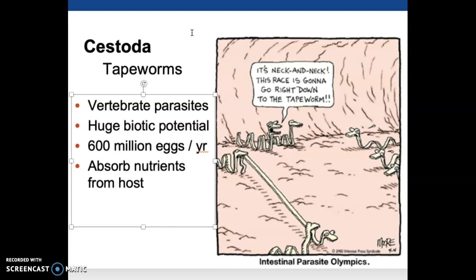The problem we'll see is they absorb nutrients from the host. So they parasitize us, they get inside the intestinal tract, and then as you consume nutrients, they just absorb it. It diffuses right through their body wall into the parasite, gives them energy. So often you make the joke, wow, you're eating all the time, yet you're losing weight. Do you have a tapeworm?